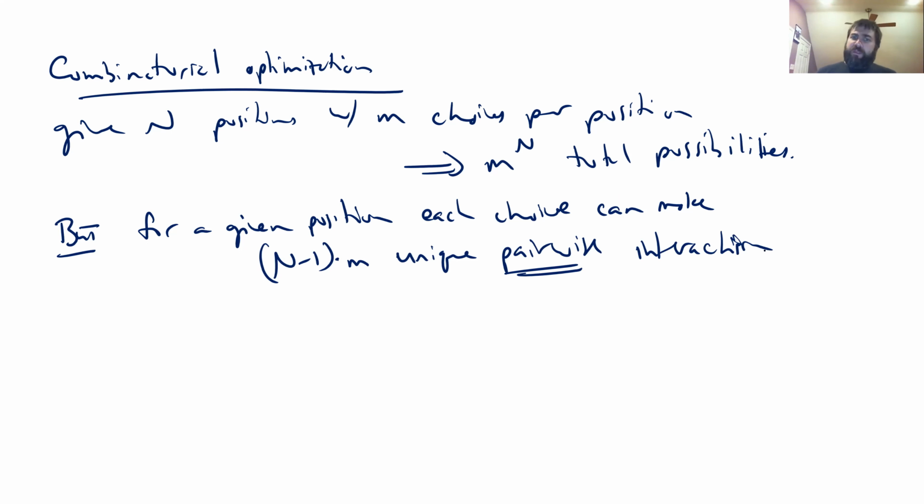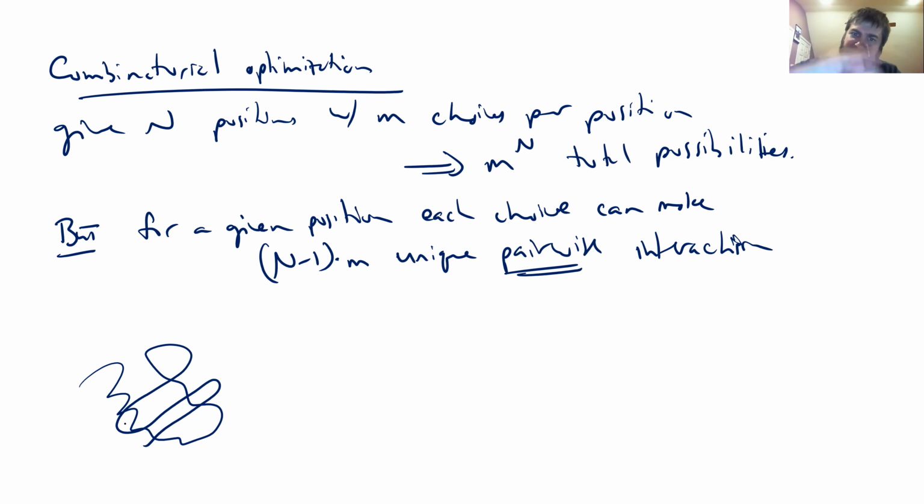Where does this come from? Well, if we think about, say, a protein, and we think about all of the possible choices of all the rotamers in the protein at once, yes, we get this combinatorial problem. But let's say I'm making one choice at a particular position here, and I ask, what are the ways that this choice can interact with other things?